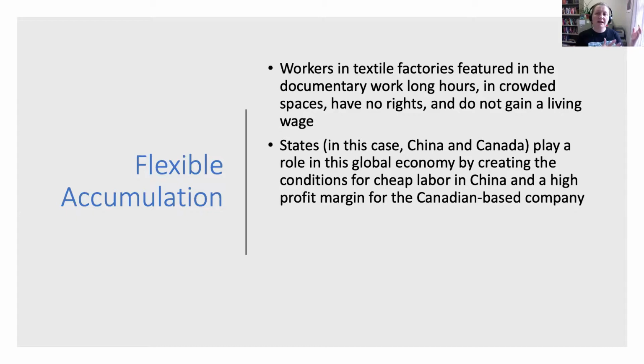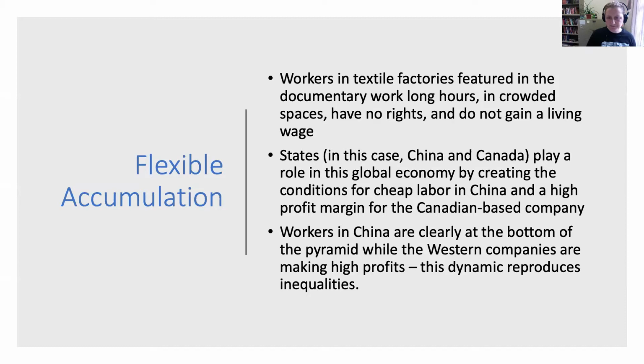So China enables these poorly paid, very exploitative labor practices in its country. And then Canada or the United States or Europe allows their companies to go out and have different standards, have different wages for people working in factories abroad, right? As a way for them to make bigger profit margins.